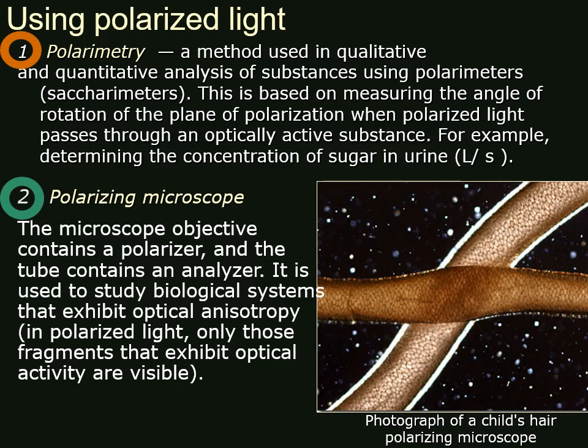Here, at the crossing of the hair, the object has one color, and where one is superimposed on the other, the light changes. It is clear that inside it is a hollow structure, and the fact that it has a cylindrical shape is very clearly visible with a polarizing microscope.